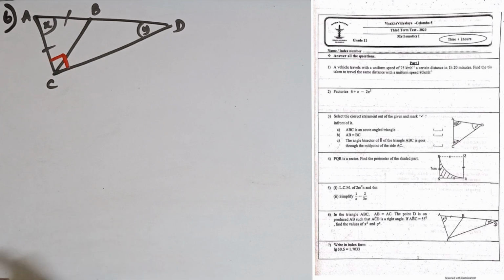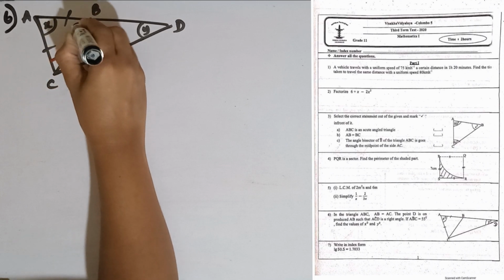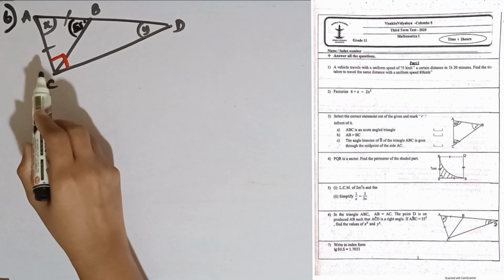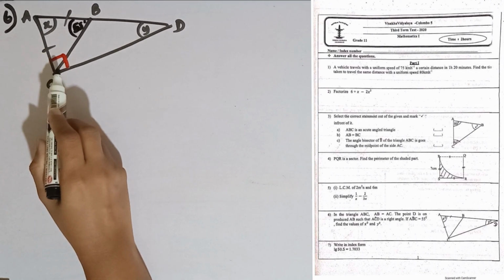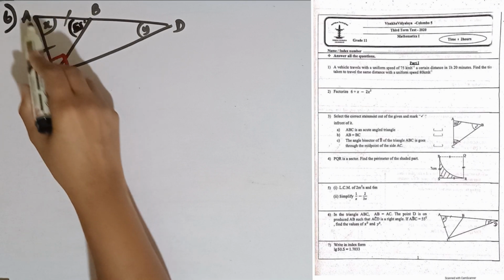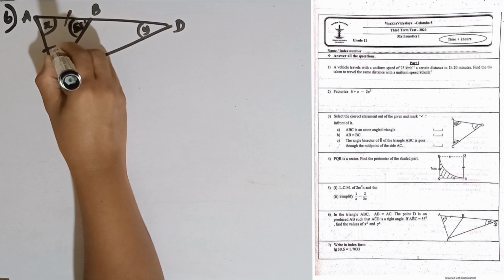If ABC angle equals 55 degrees, find the value of x and y. This is equal to 55 degrees. Then first, as these sides are equal in length, this angle is also equal to 55.